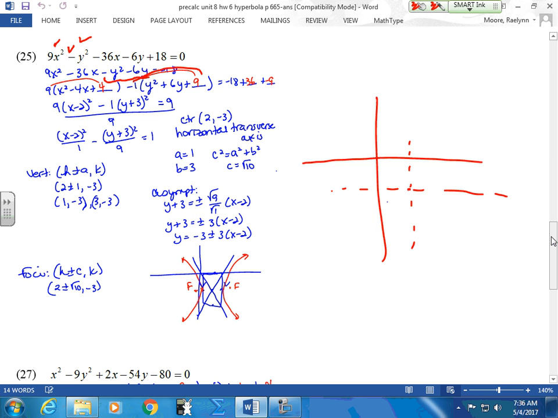I also think it helps to put this on here. Because now from your x, you're going over 1, over 1. From your y, you're going up 3. That shows me my 3 is here, my 3 is here. And it's going off of the x again.